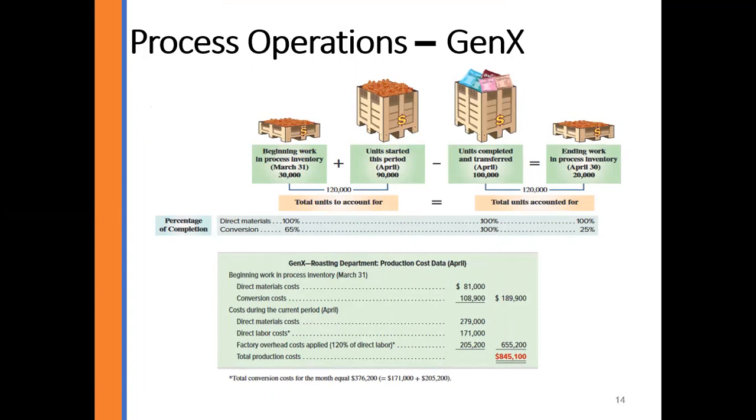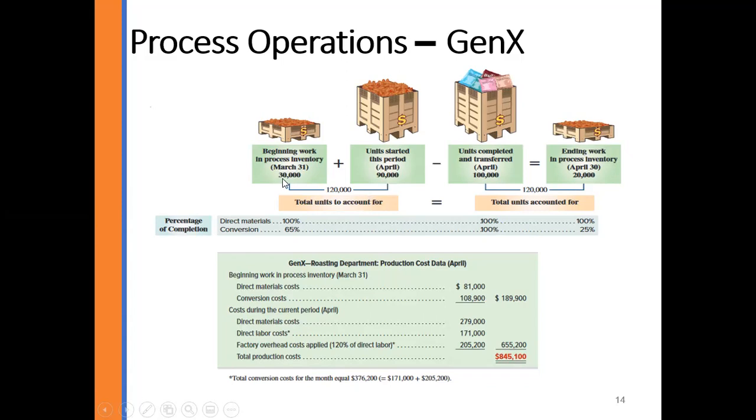So in March, we had beginning work in process inventory, 30,000 units. So this was at the end of March. So this would have been our beginning work in process in April, right? And then in April, we started another 90,000 units.